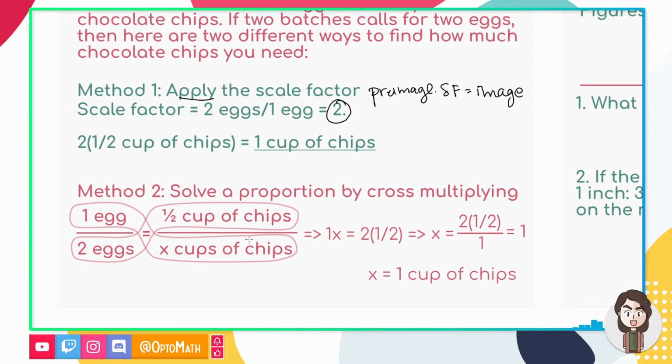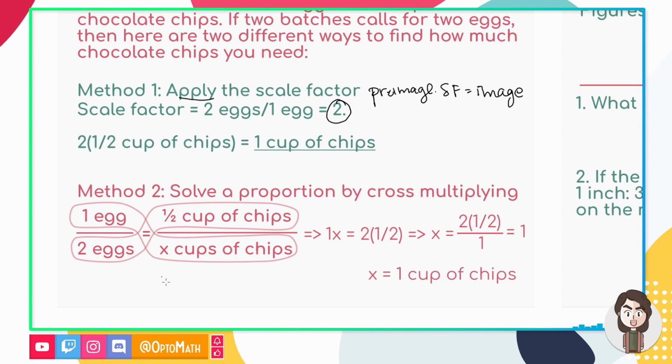So the denominator is how many chips we're gonna get for our different batch, so when we double our batch. So that's how we have it set up. There are a few different ways you can have it set up, which I'll discuss in a moment, but here's just one standard way. So these little ovals drawn around these values show the cross multiplication.